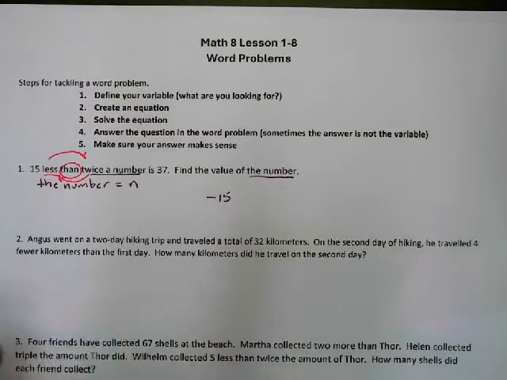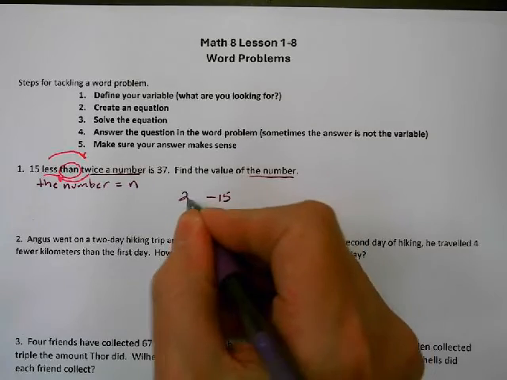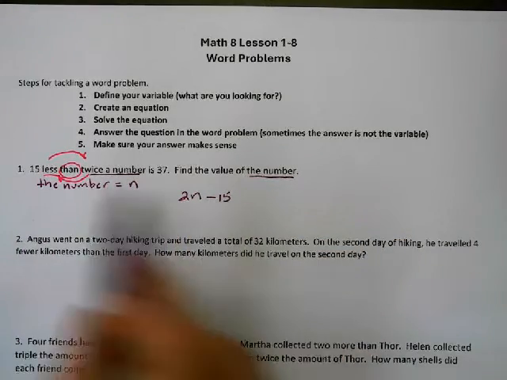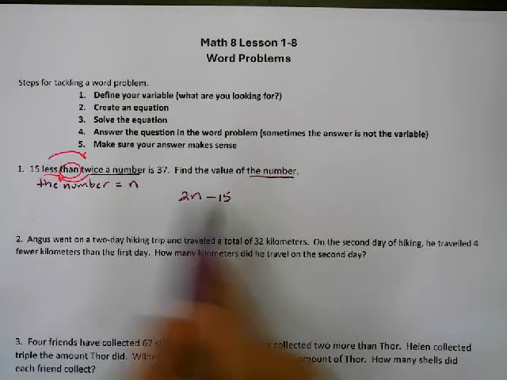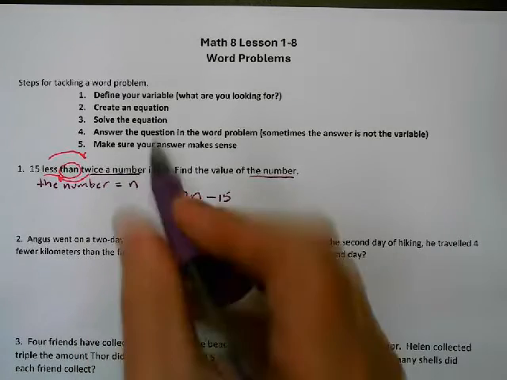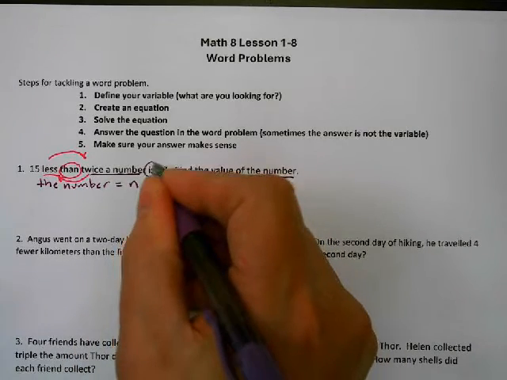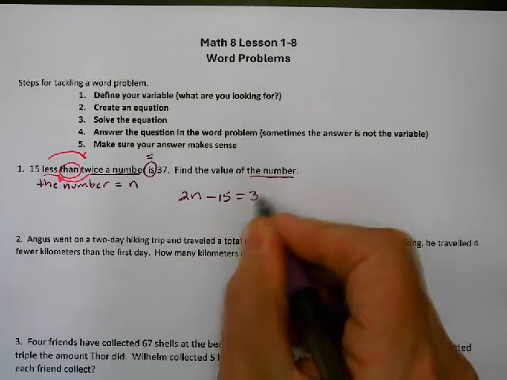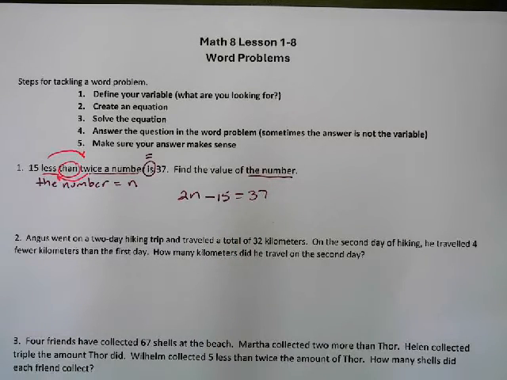Twice a number means 2n. So we got 15 less, minus 15, than, the 15 goes at the end. Twice a number comes first. Is means equals. So equals 37. I now have an equation for solving.